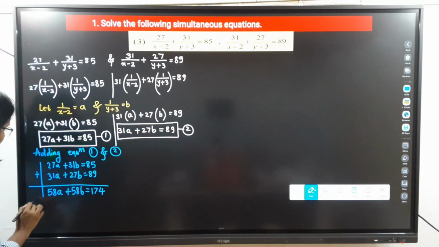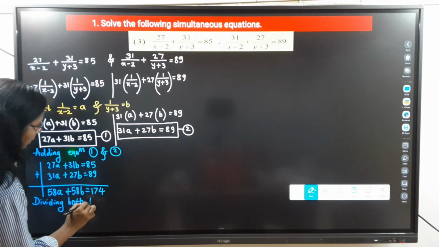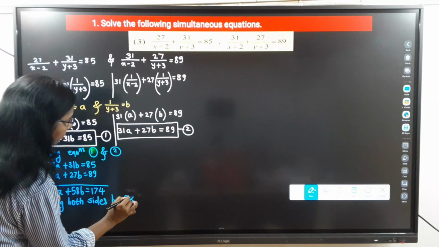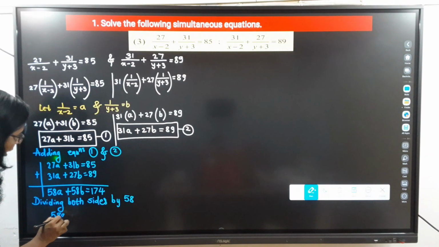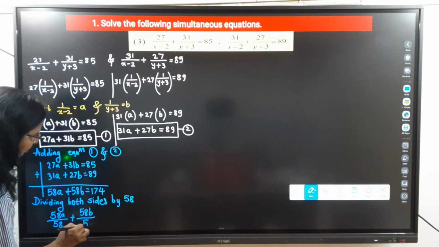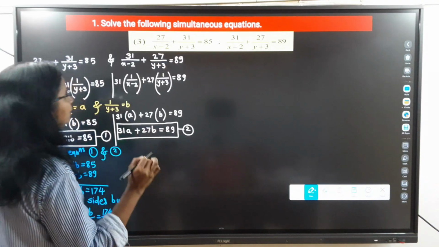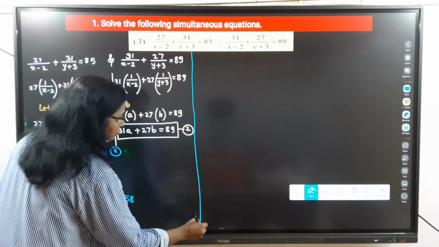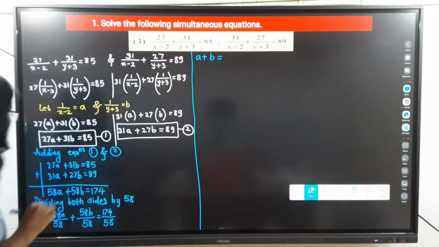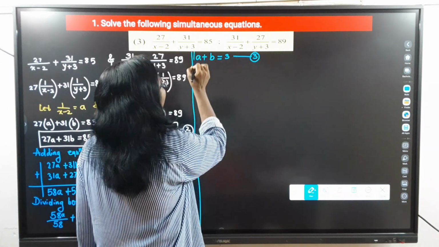So dividing both the sides by 58, 58a upon 58 plus 58b upon 58 is equal to 174 upon 58. So a plus b is equal to 3. Call it the third equation.